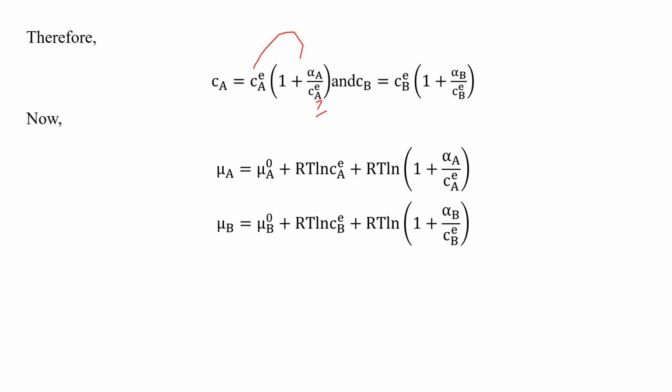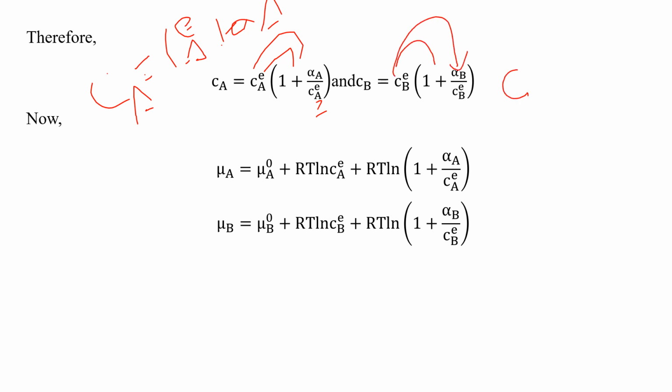If you multiply the Cae inside the bracket, you will be getting the actual formula in the previous slide, that is Ca is equal to Cae plus alpha A. In the same way here also, if you multiply the Cbe, you will get the actual formula in the previous slide, that is Cb is equal to Cbe plus alpha B.